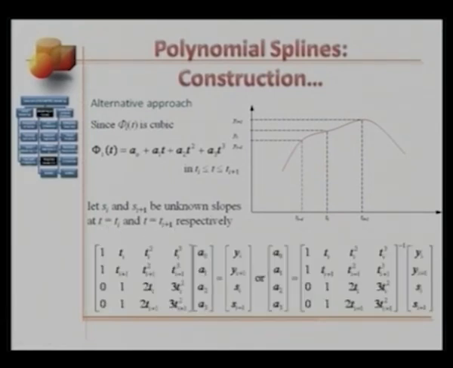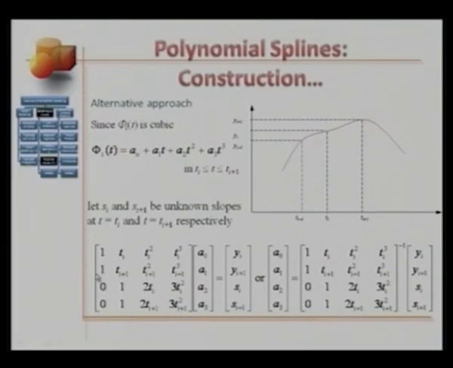Okay, now in terms of the two positions and two slopes, what do we have? We have a linear system in the coefficients. We'll have the coefficient matrix as 1, t i, t i squared, t i cubed; 1, t i plus 1, t i plus 1 squared, t i plus 1 cubed; 0, 1, 2 t i, 3 t i squared; 0, 1, 2 t i plus 1, and 3 t i plus 1 squared.